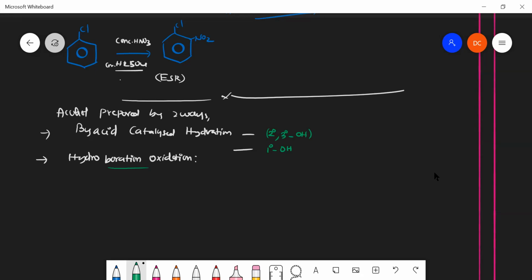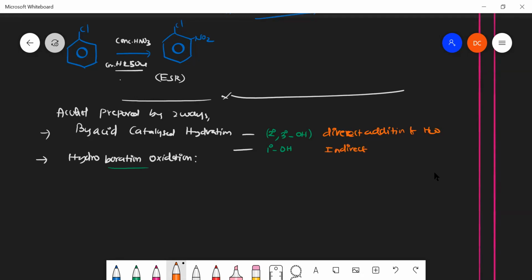And any other thing? The first one, acid catalyzed, is a direct addition of water. But here it is an indirect addition. One more difference is there.